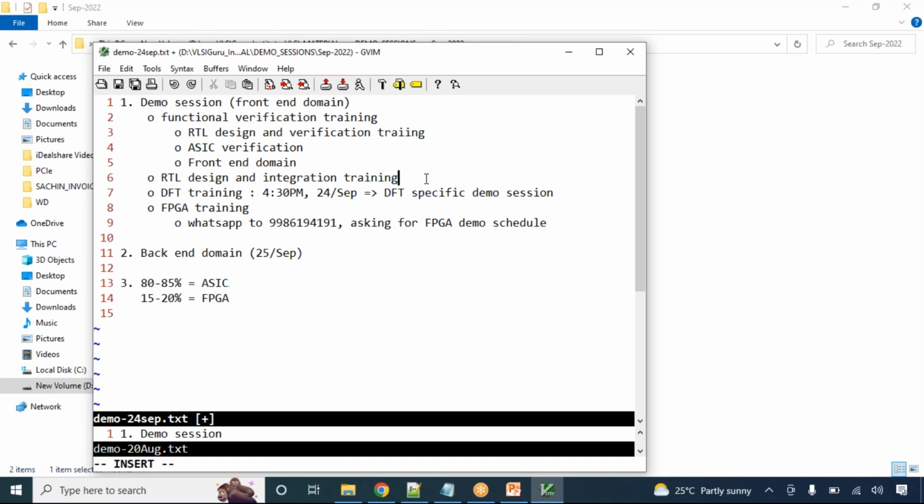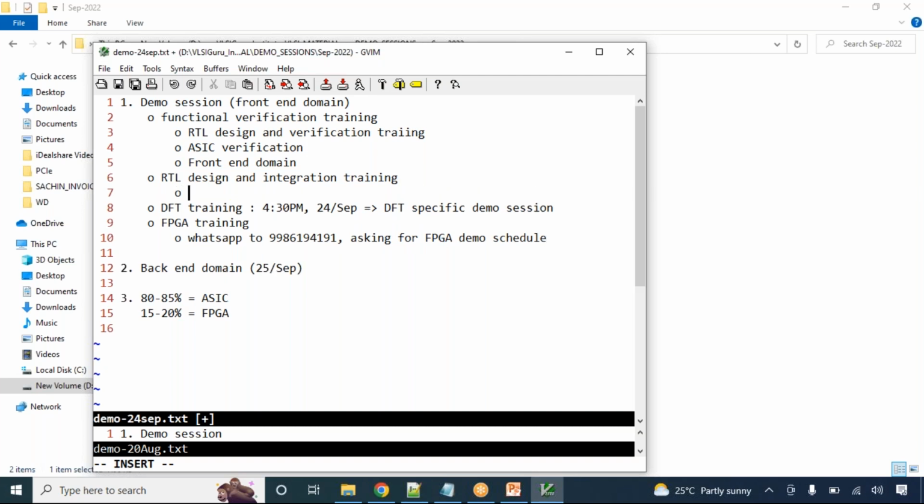Now, same thing for RTL integration also. Typically for RTL design integration, mostly experienced engineers enroll, so we haven't planned any demo as such.